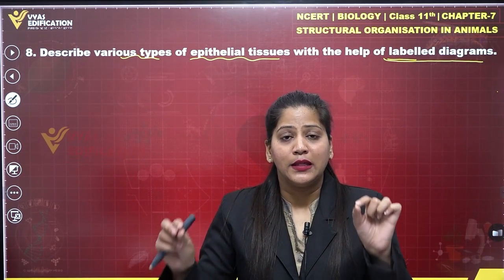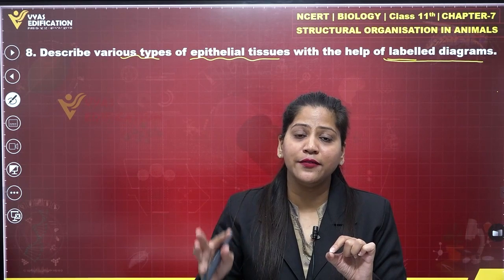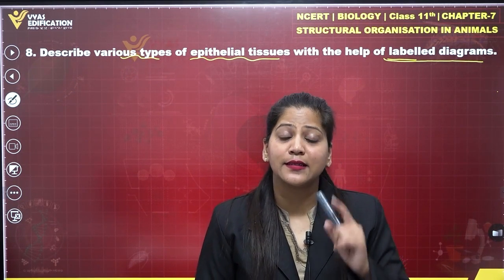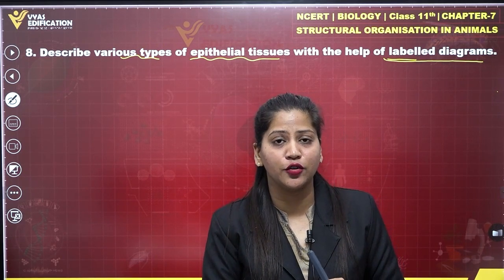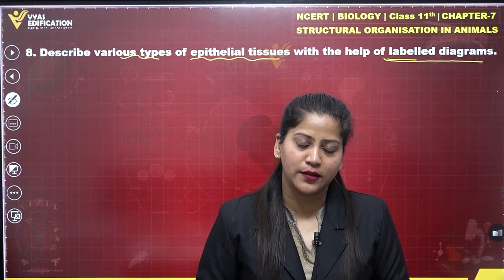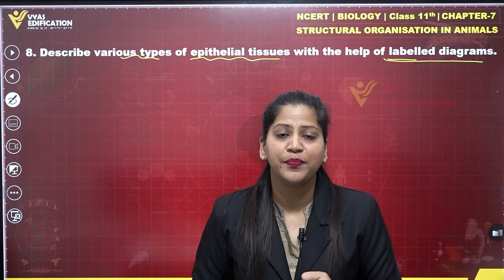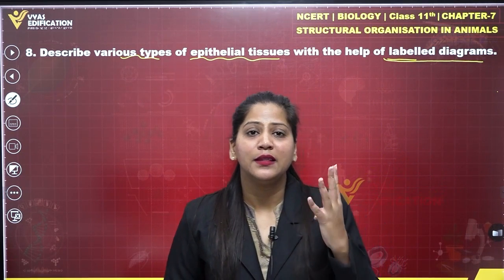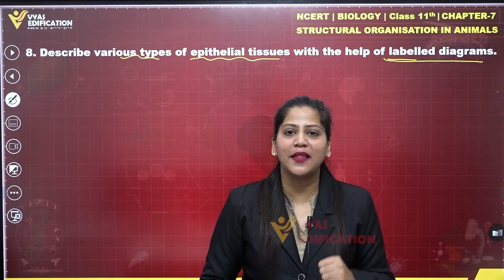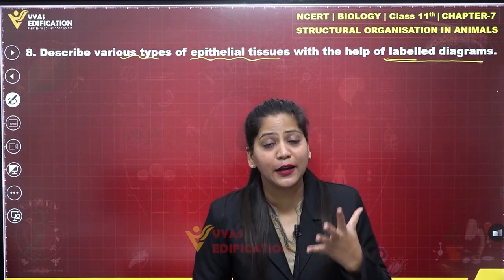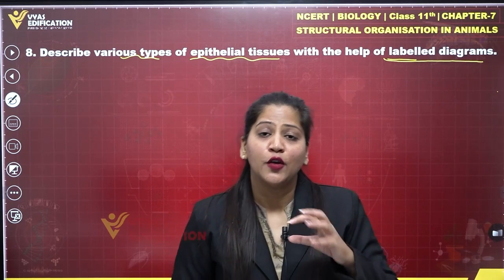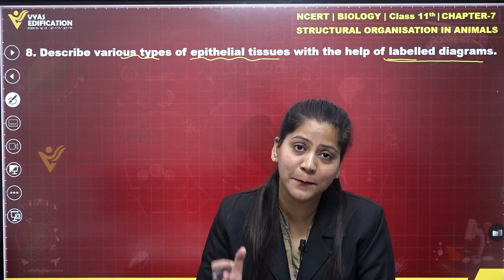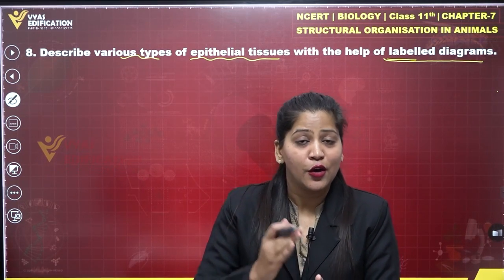This is further divided into 5 categories: simple squamous epithelium, simple cuboidal epithelium, simple columnar epithelium, then ciliated epithelium, and the 5th one is glandular epithelium. All these 5 are the various types of simple epithelium, right.